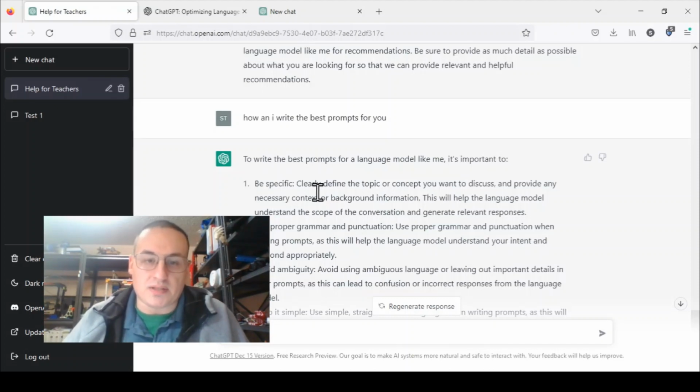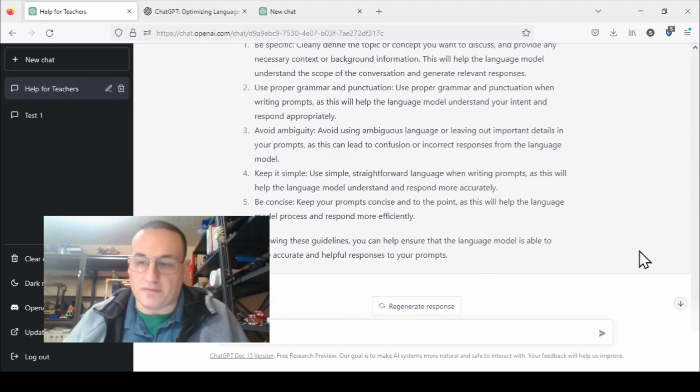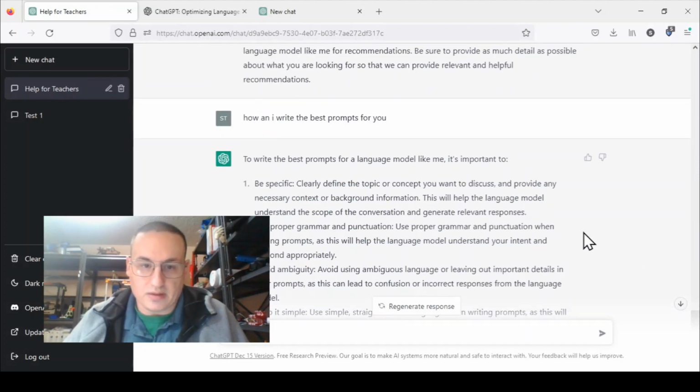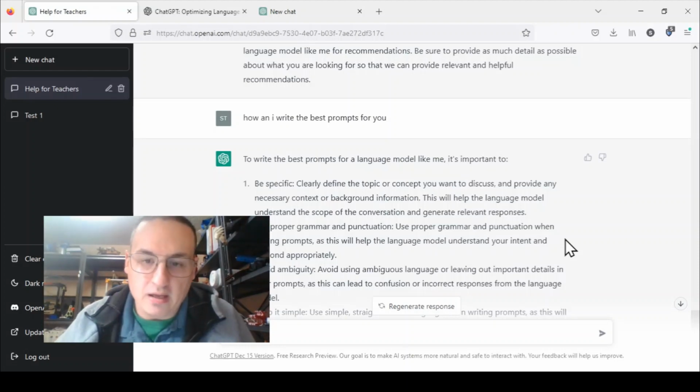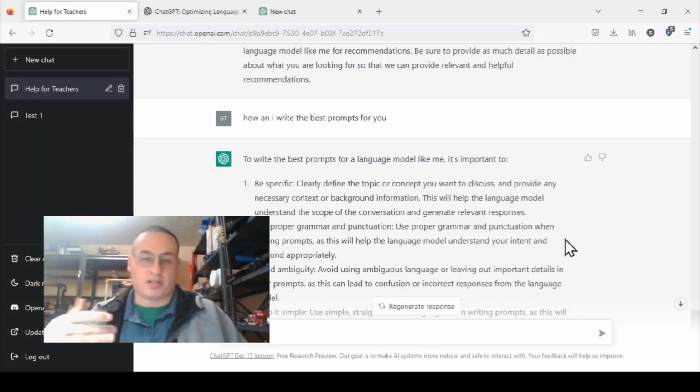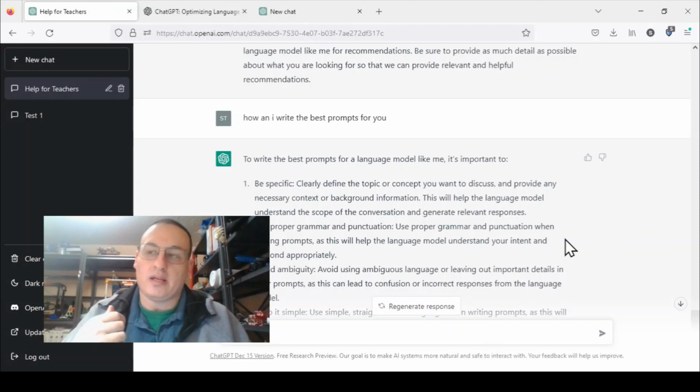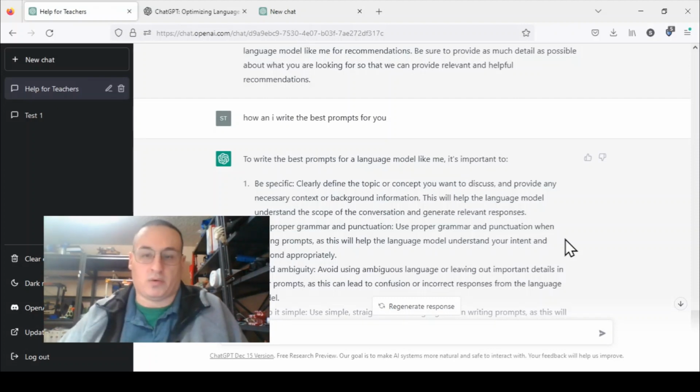So definitely be specific, define what you want to discuss, and include context or background information. This part I found is actually going to be more important, is that you do have to provide some context or background for the AI system to really get a better focus of what you want.